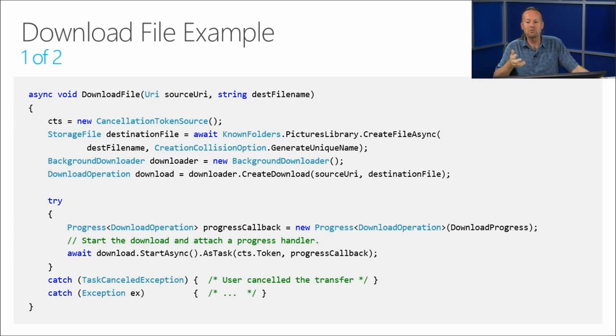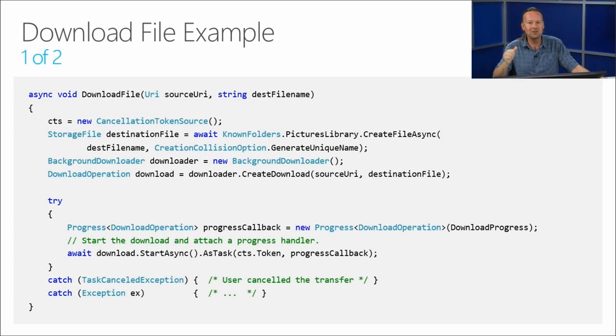Which starts the operation. This special form of it with .as task allows you to send in that cancellation token source, which makes it cancelable from your foreground app. If you don't have that, it's just fire and forget. Let it get on with it. And then you can also have a progress callback. So the .as task is entirely optional.